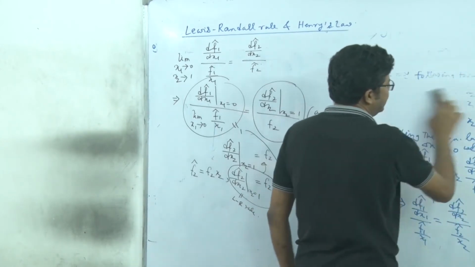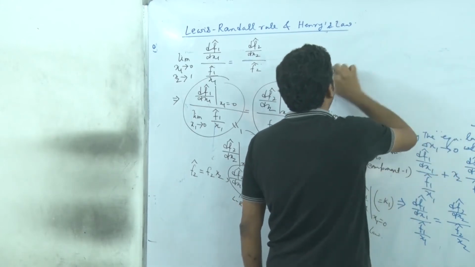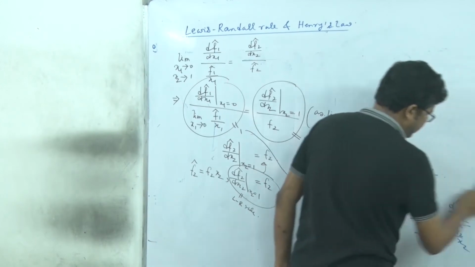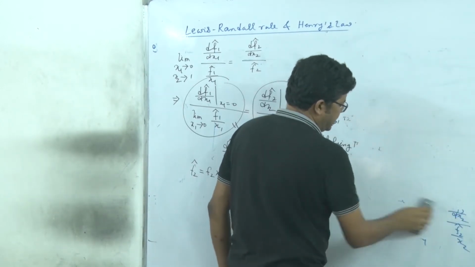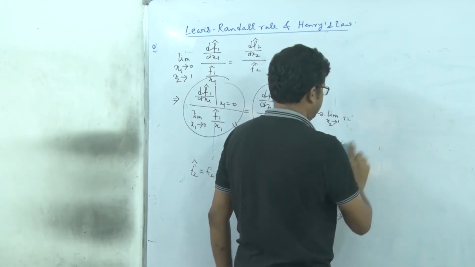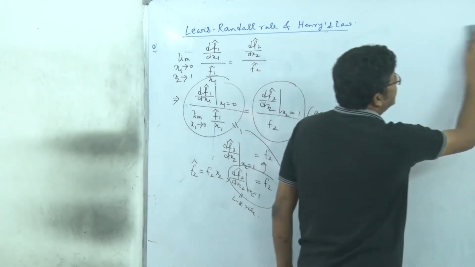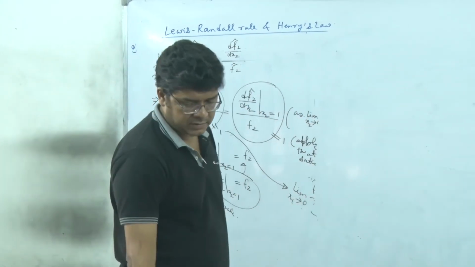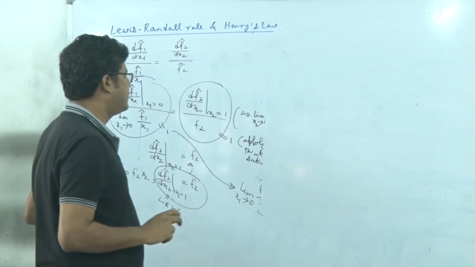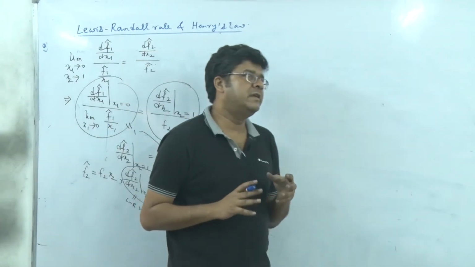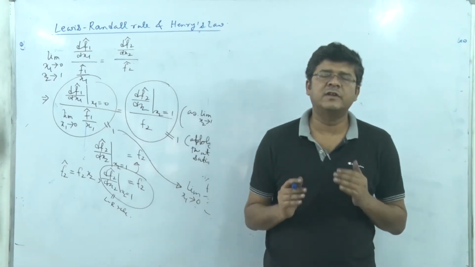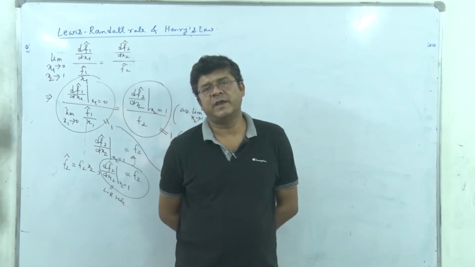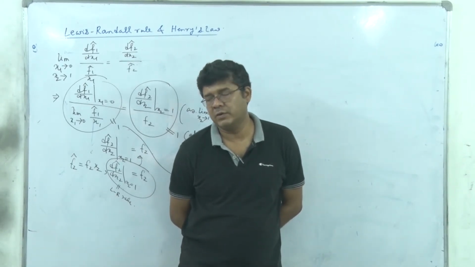So with that understanding of Henry's law, Lewis Randall rule, and the framework of ideal solution, we have to proceed towards the closure, right? And here what is the closure? Measurement or estimate of activity coefficient, right? So activity coefficient is to be measured, but there is no such direct universal equation which will give you a ready straightforward expression of this activity coefficient, okay?